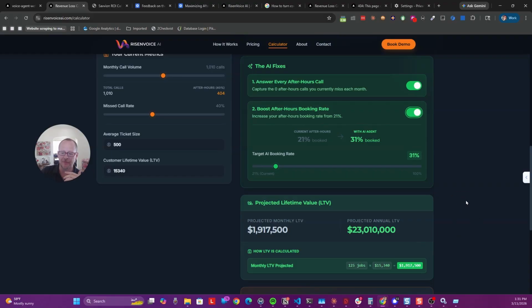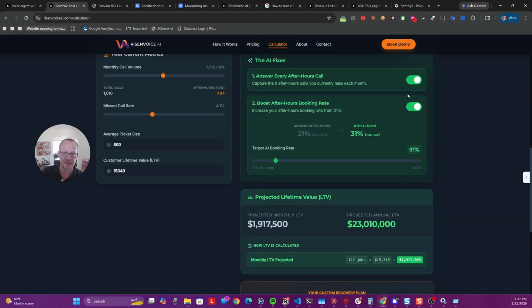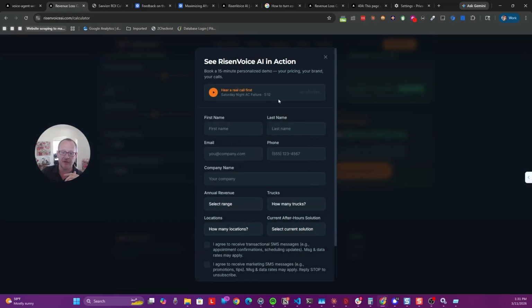And then here at the bottom of this, for some reason it's hiccuping. If you go down to the bottom here, this is a form now that I can have submitted. And this only shows up once we've switched these on. So this can also be used as a lead generation tool, right? They click this button and then they're going to fill this out. It's going to send me a lead. It's going to tell me all the information of what they put into this form.